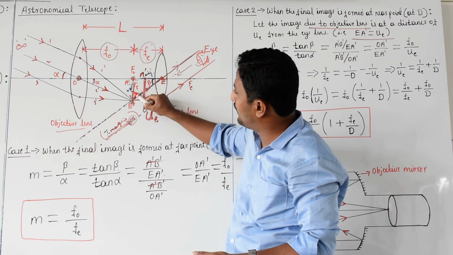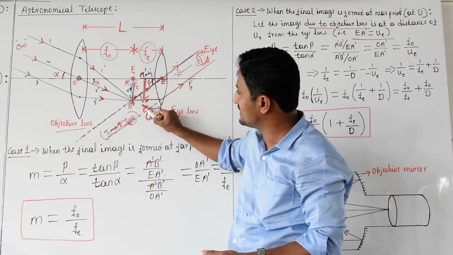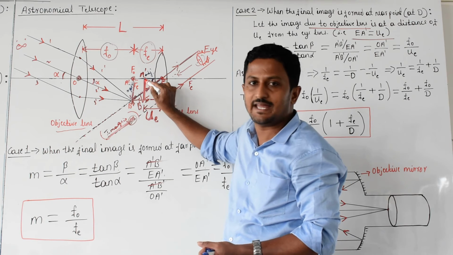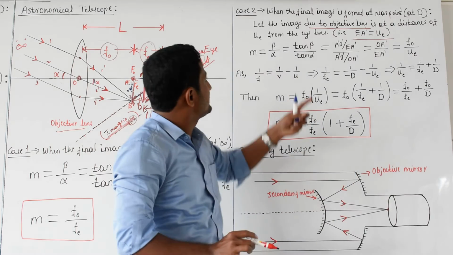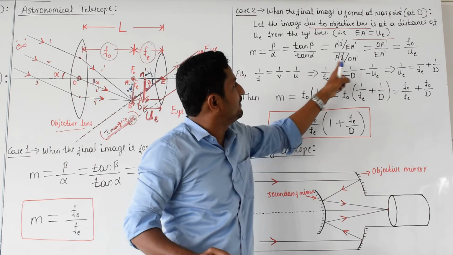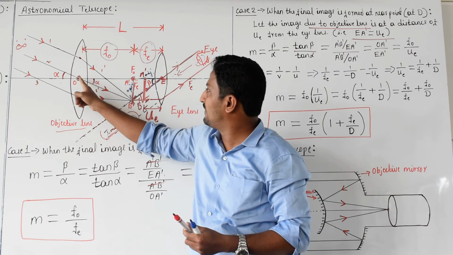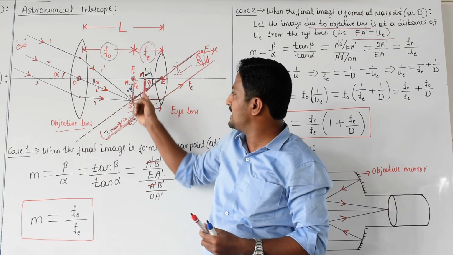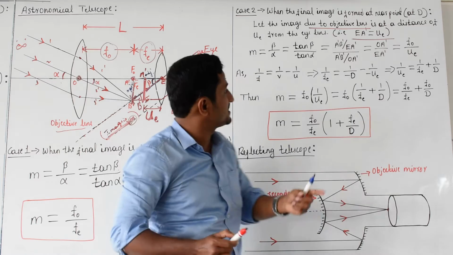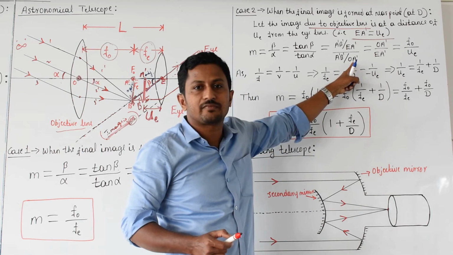Then again beta will be opposite by adjacent. Opposite is again A'B', so A'B' by EA'. Then alpha is the same; alpha is again opposite, A'B' by OA'.